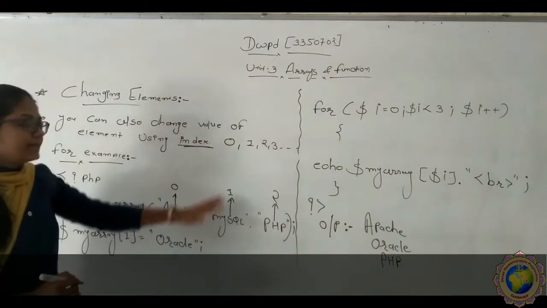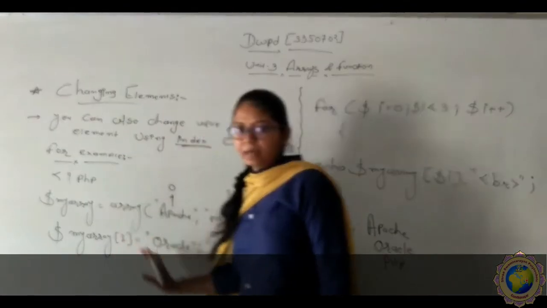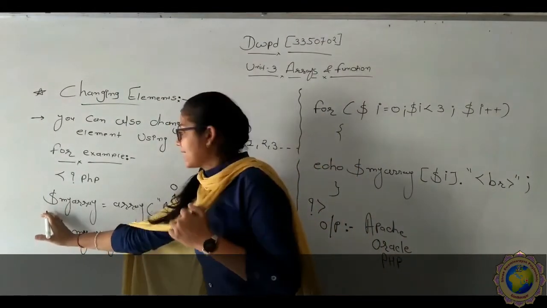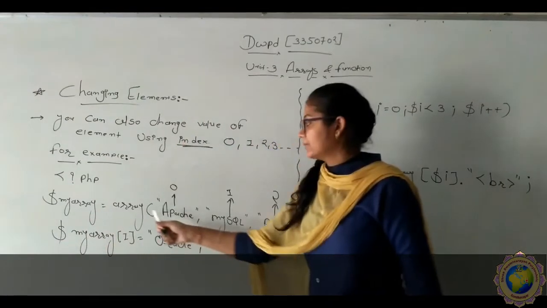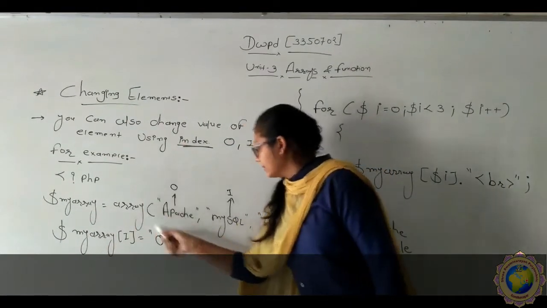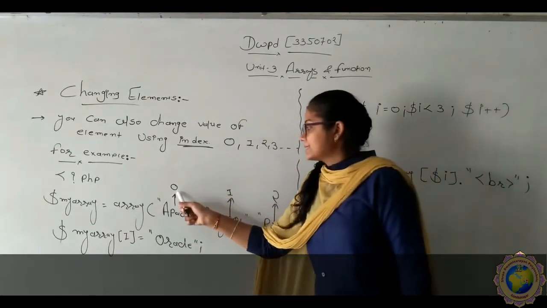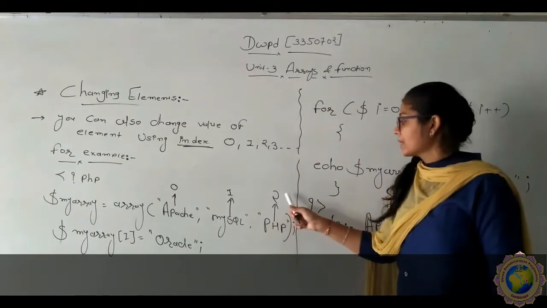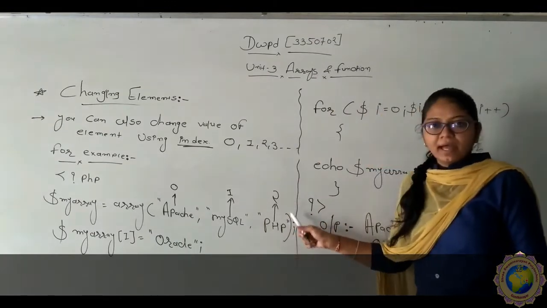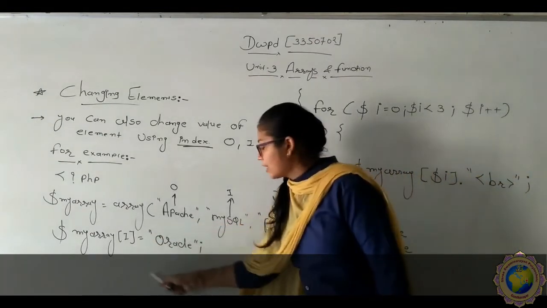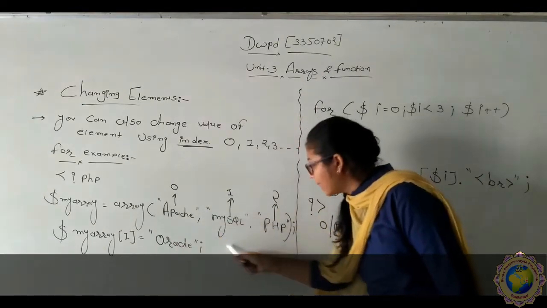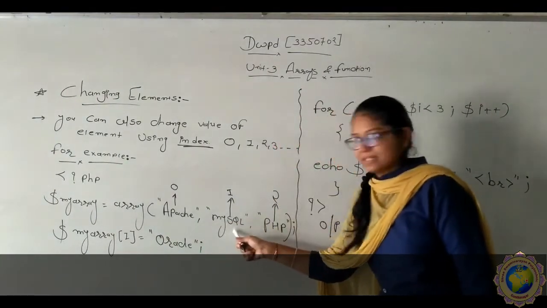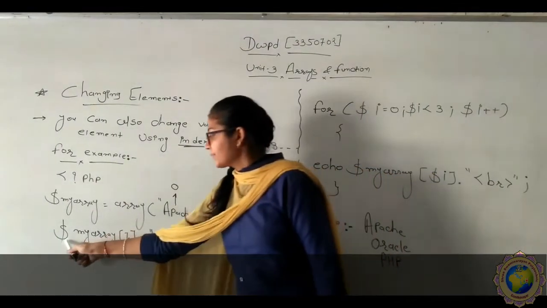Means here I have practically written the program, declaring a variable as an array, myArray, with the keyword array, and the values are 0 index Apache, 1 index MySQL and 2 index PHP. And then we want to change MySQL and write Oracle instead of MySQL.